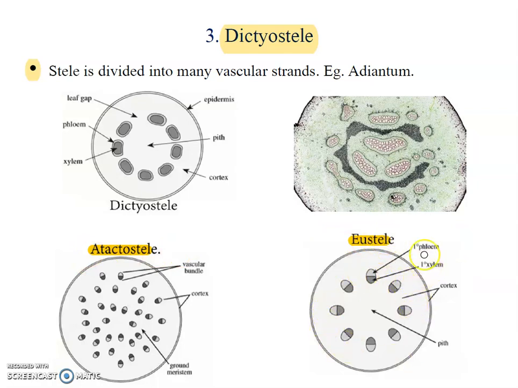Vascular bundle means phloem and xylem. This one is xylem, and the outer one is phloem. This is a single vascular bundle. So these vascular bundles arranged in a ring are called eustele, and when they are scattered, this is called ataxostele. And these are the types of dictyostele. And this is the primitive type. In this, only leaf gap is single.